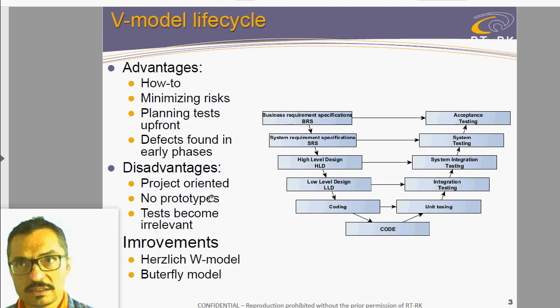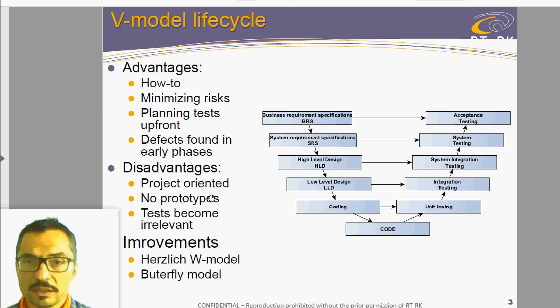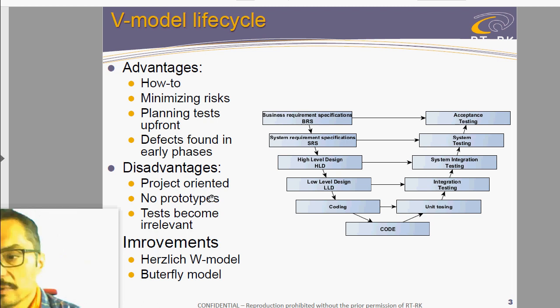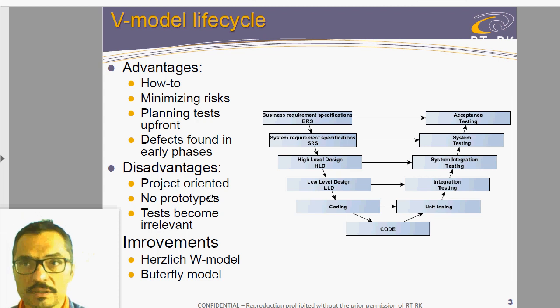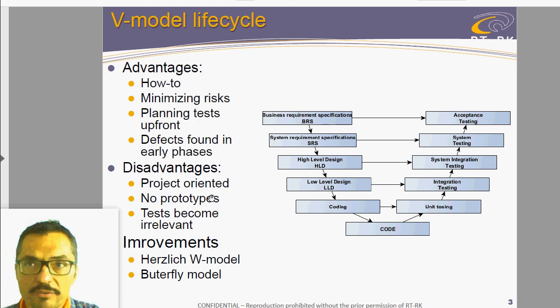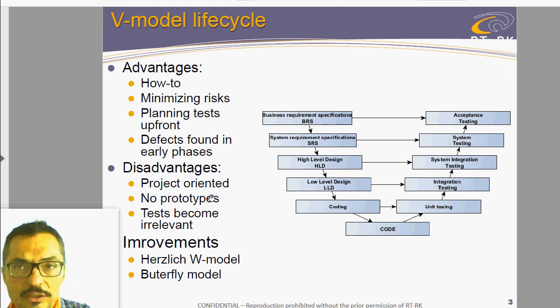Every model of development has its how-to steps. Those steps minimize the risks during the process. As I said already, the V-model plans tests upfront and therefore finds defects in early phases.